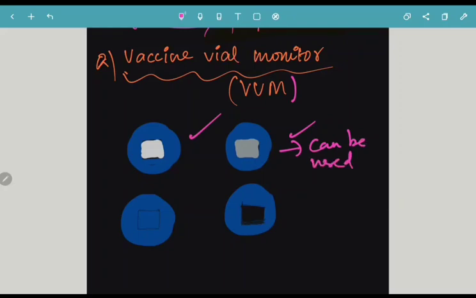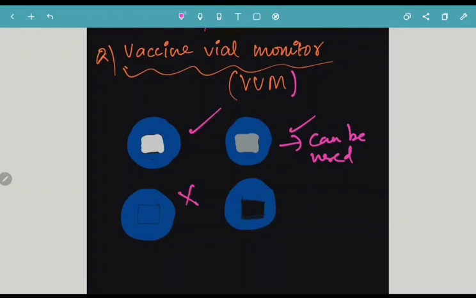But in the next one, the inner color of the square is equal to the outer color, so this vaccine cannot be used. And this one is obviously much darker: inside it's black, more dark than the outer color, which means this also cannot be used. So these both can't be used. This is the diagram of the vaccine vial monitor.